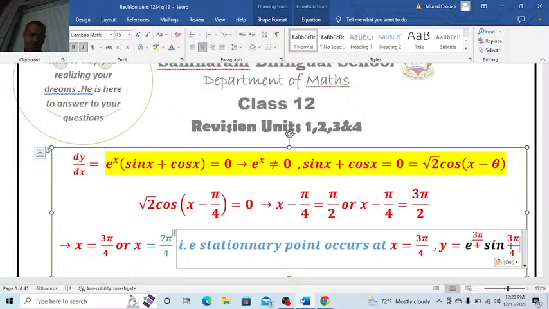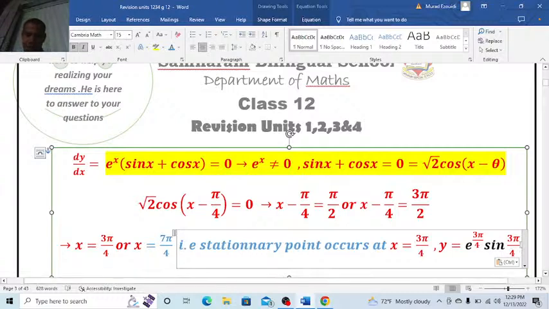It will be sine of 3 pi over 4, which is also equal to sine of 135, so 1 divided by the root of 2. Okay, so it will be positive here.